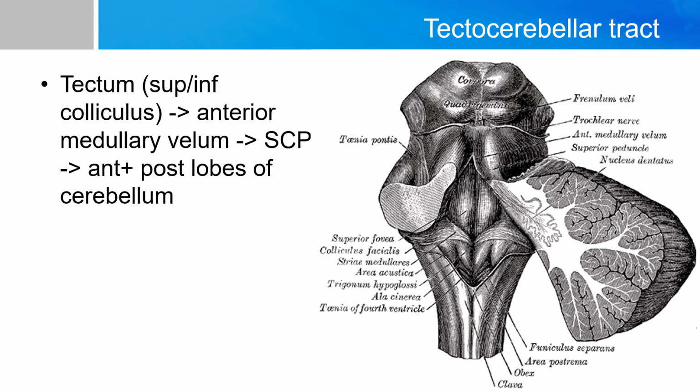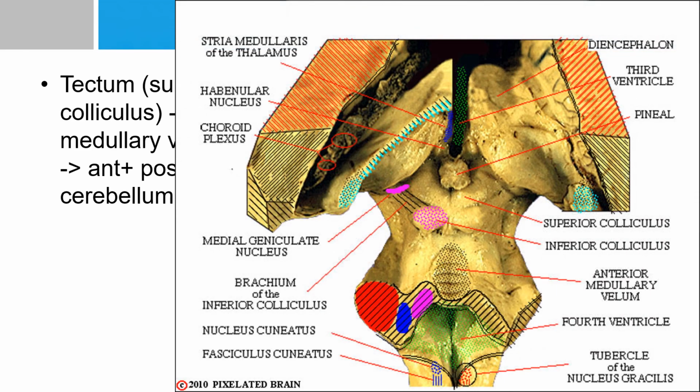And we'll cover more about them in the brainstem videos. The information from the colliculi then travels via the anterior medullary velum and then into the superior cerebellar peduncle into the cerebellum.